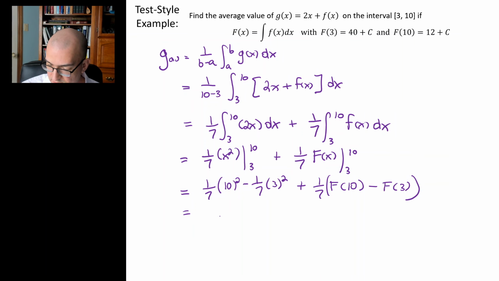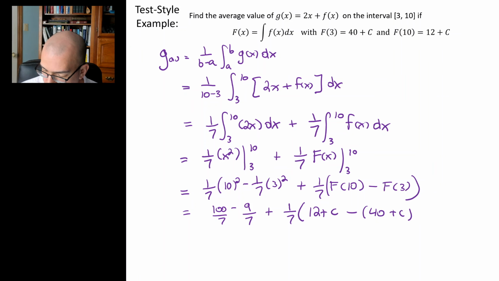So I get 100 over 7 minus 9 over 7 plus F of 10, we're told, is 12 plus c. F of 3, we're told, is 40 plus c.